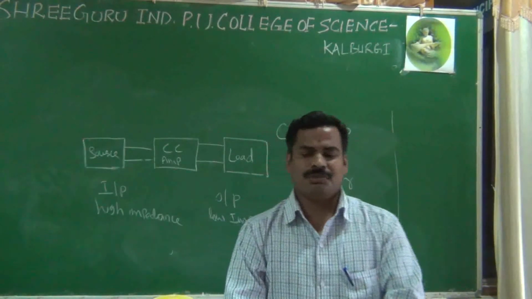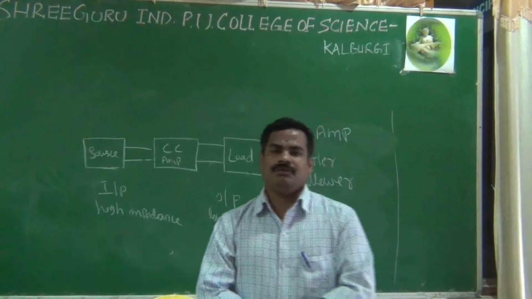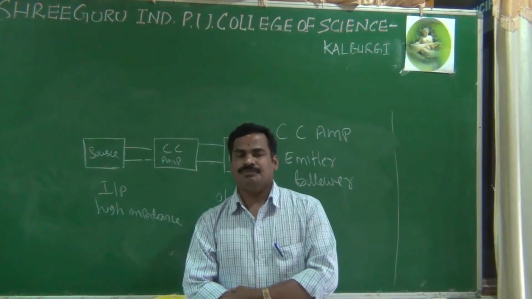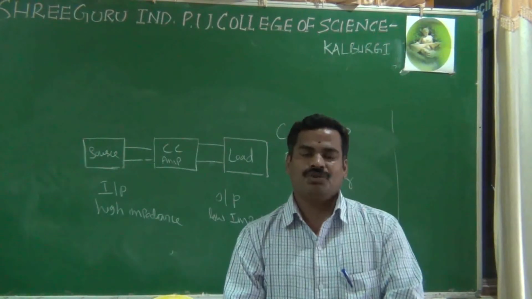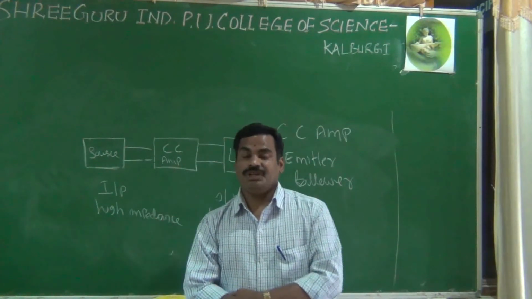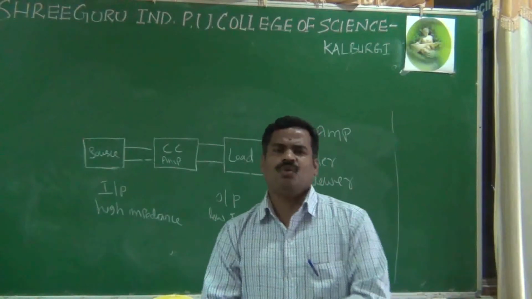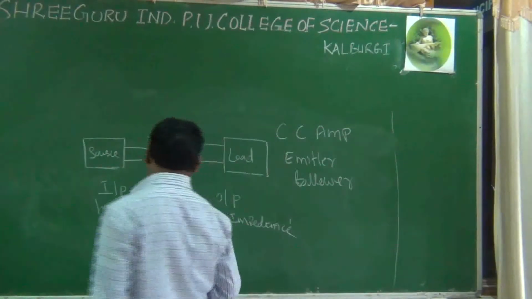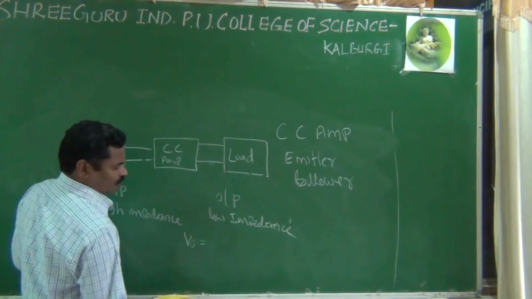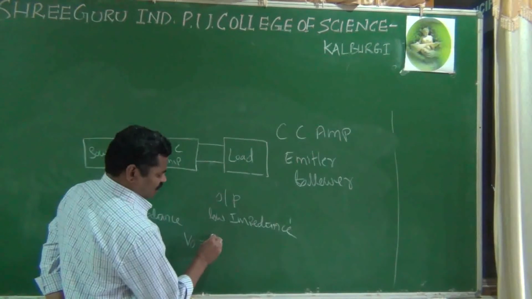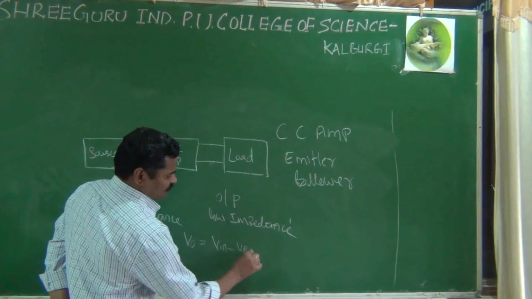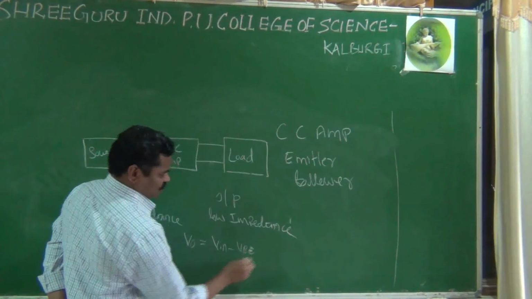This is the importance of your common collector amplifier, and maybe I have covered everything. The most important thing is that you have more current gain, and the voltage gain is less than or equal to 1. Using the equation V0 equal to VB, or Vin minus VBE, consider VBE is very small compared to Vin.